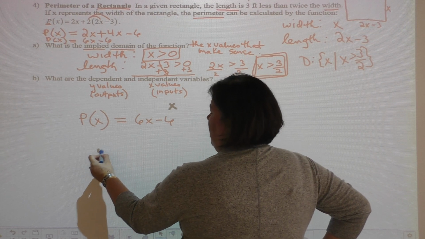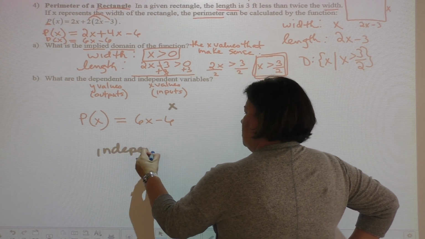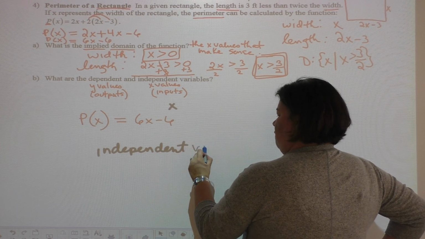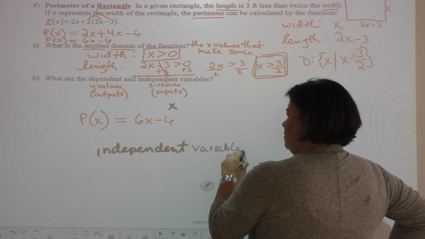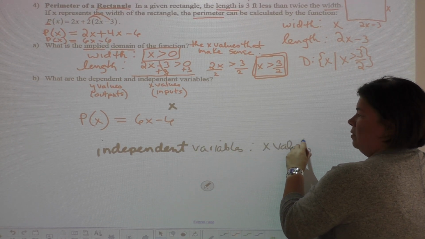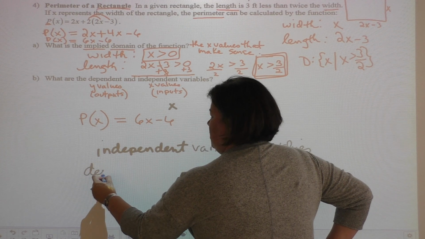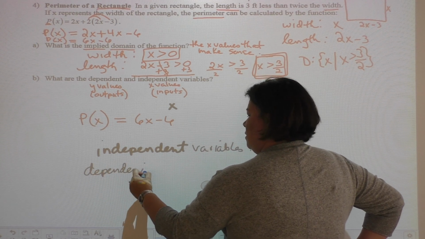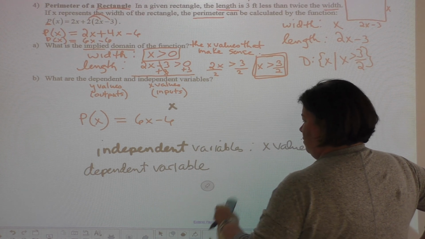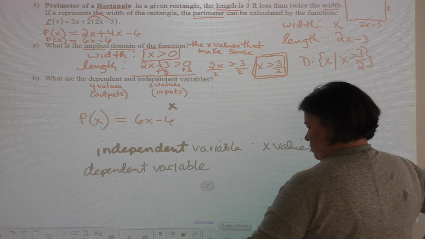and so that's why I'm going to write my independent variables are my x values. My dependent variable, we only have one, so it should be variable, not variables.